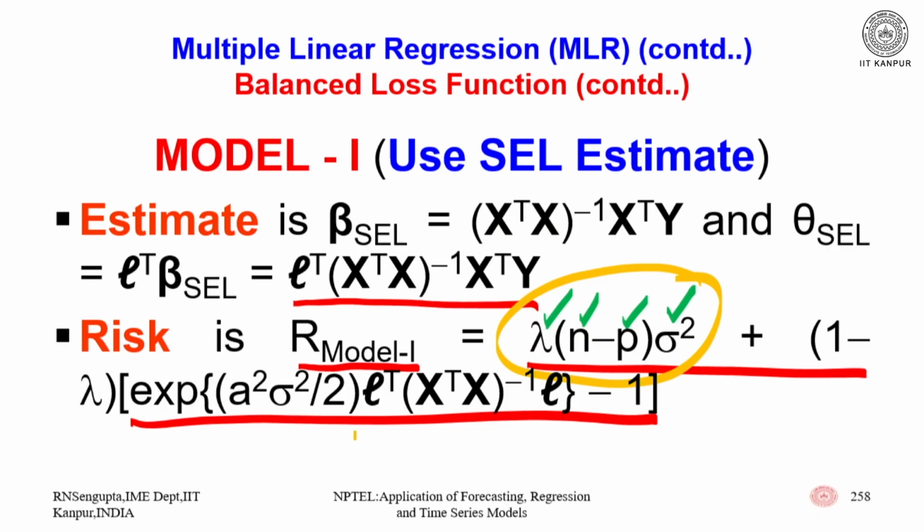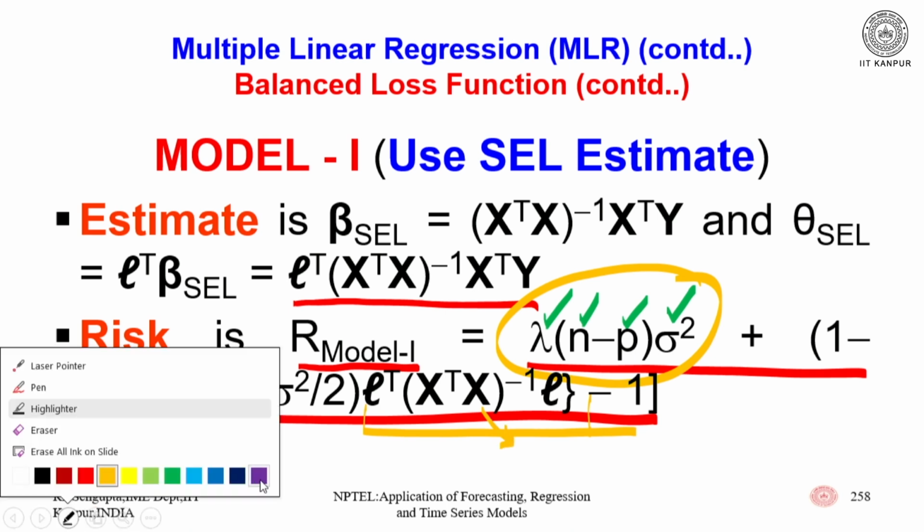Now, let us check this part. I will write the size of this matrix and the column and row vector, so it will become easy for all of us to understand. If you consider X, I will use a different color.